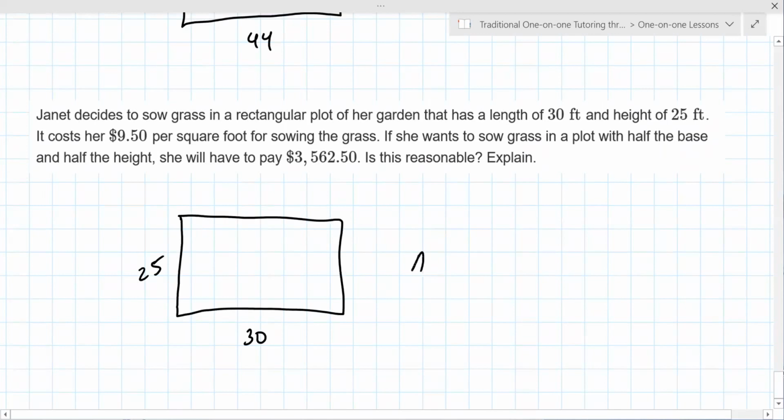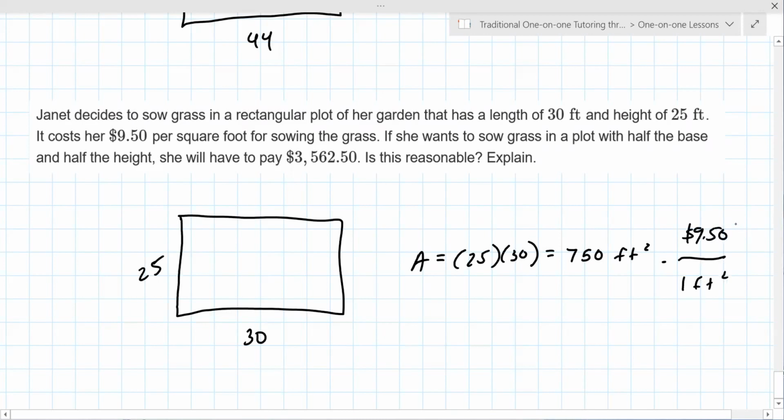Let's find the area of this, please. And then I'm going to multiply that by 9.50, because each foot squared is $9.50.